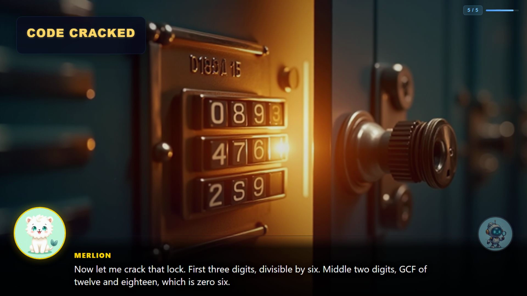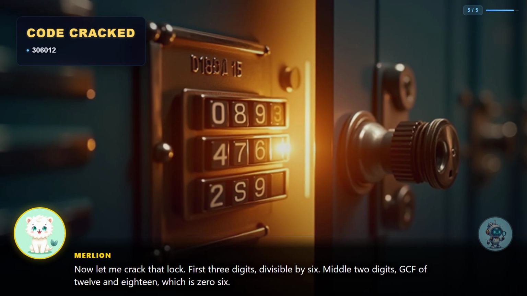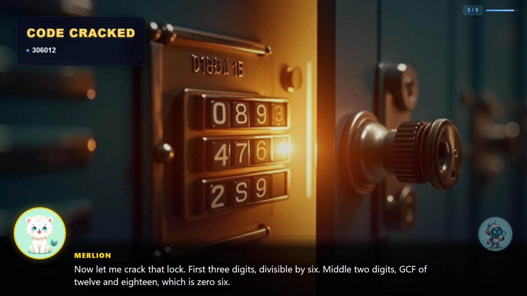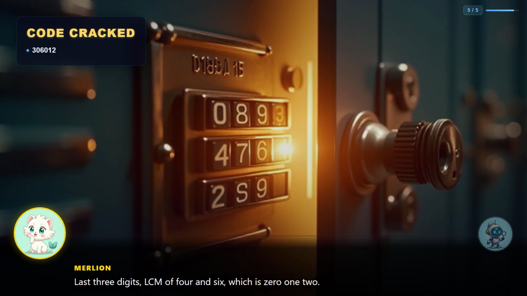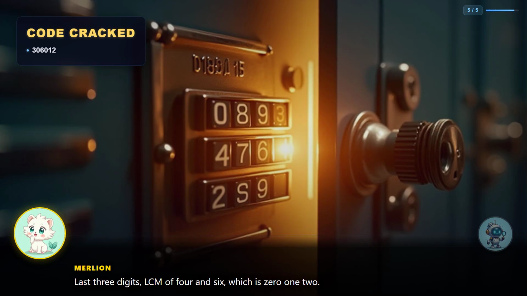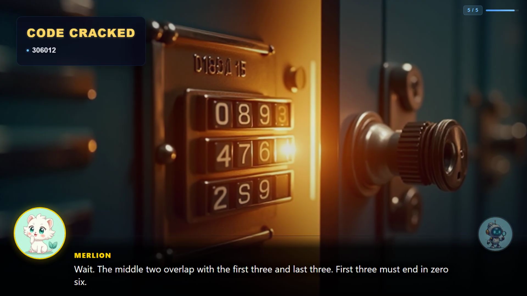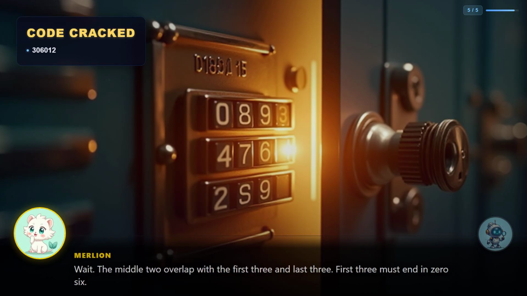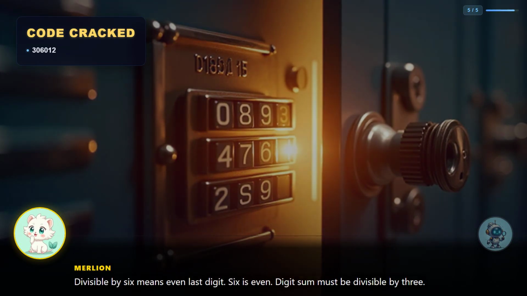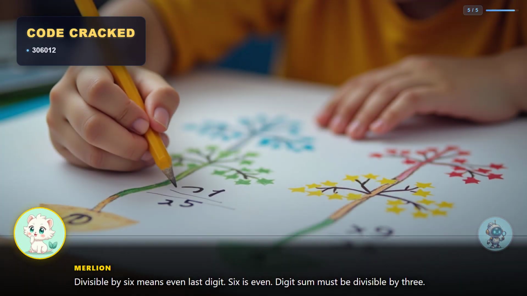Now let me crack that lock. First 3 digits, divisible by 6. Middle 2 digits, GCF of 12 and 18, which is 0, 6. Last 3 digits, LCM of 4 and 6, which is 0, 1, 2. Wait, the middle 2 overlap with the first 3 and last 3. First 3 must end in 0, 6. Divisible by 6 means even last digit. 6 is even.